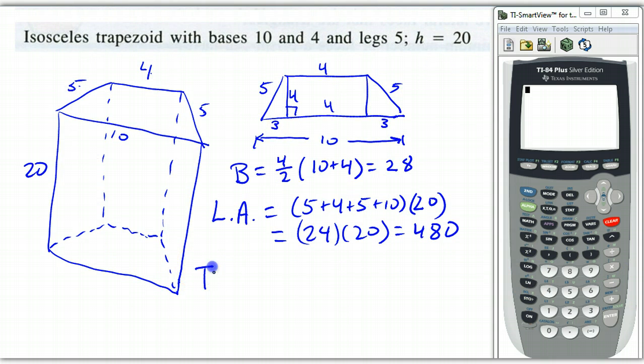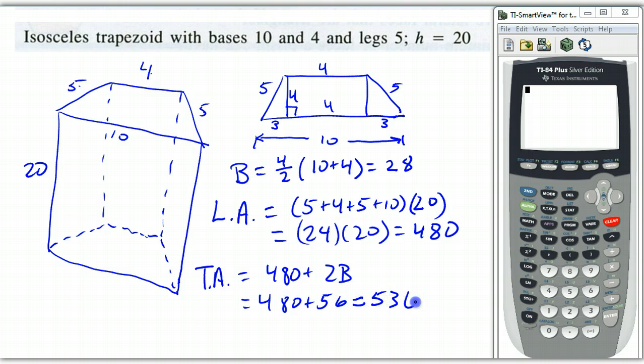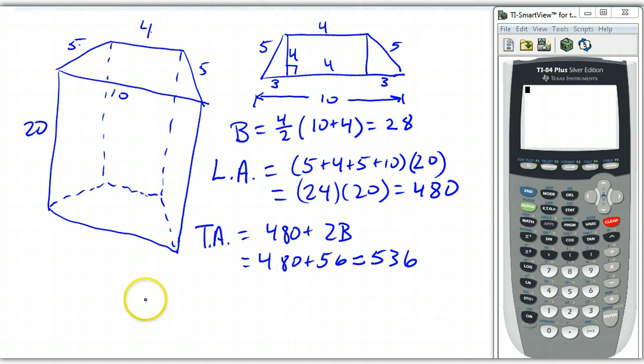Total area. Total area is lateral area plus 2 base areas. So that's 480 plus 56, which is 536.